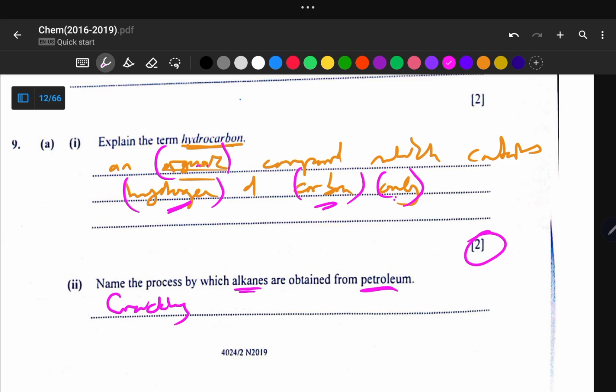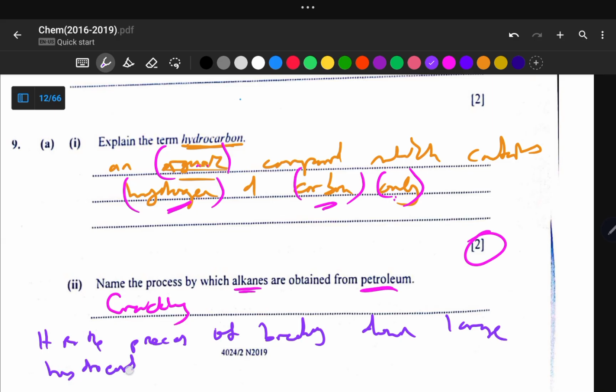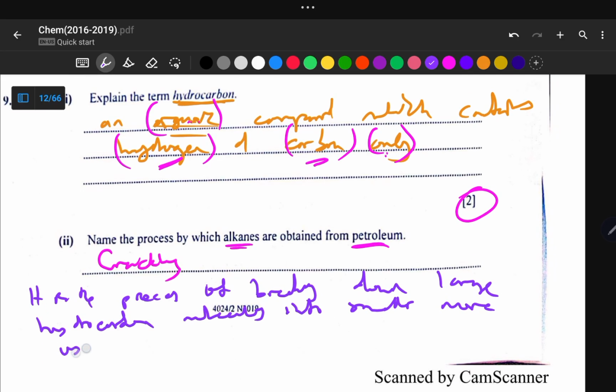So cracking is defined as the process of breaking down large hydrocarbon molecules into smaller, more useful molecules, right?